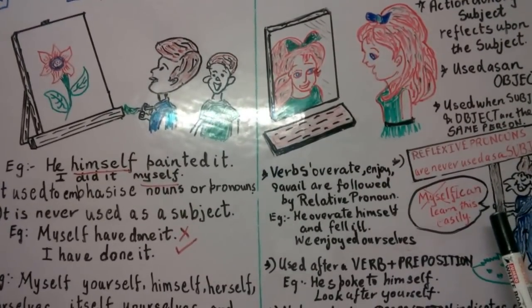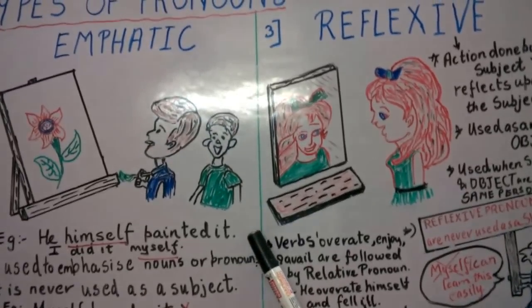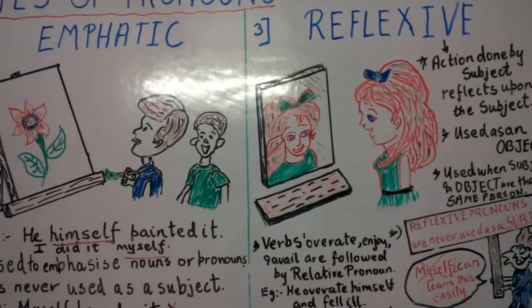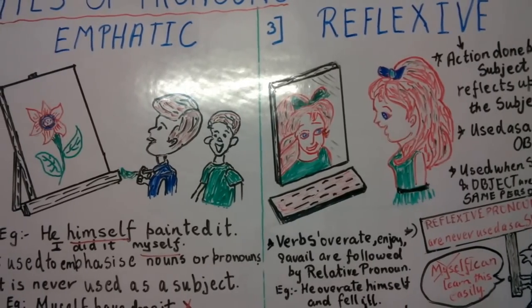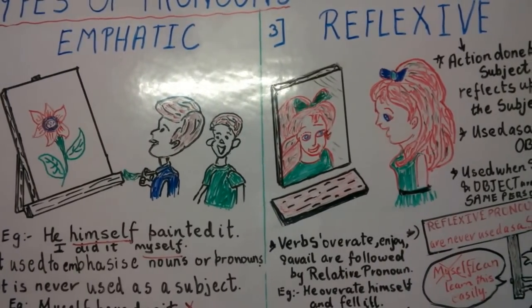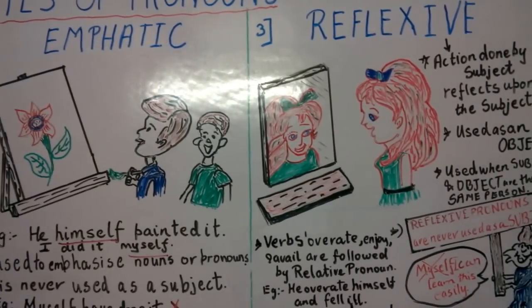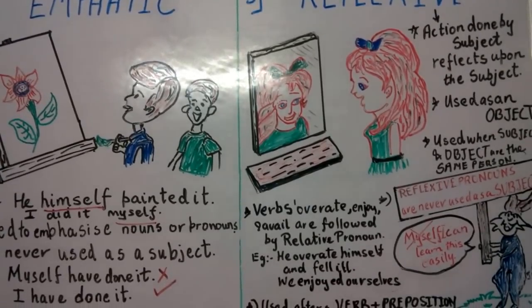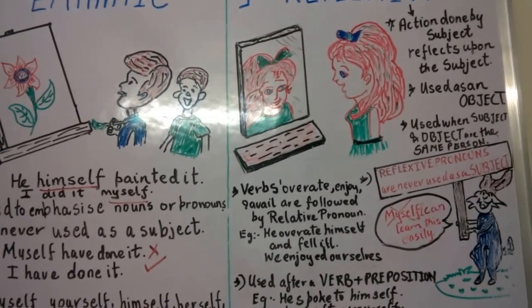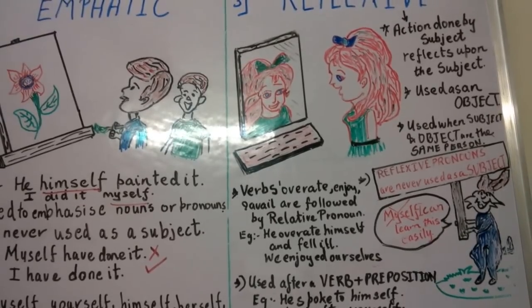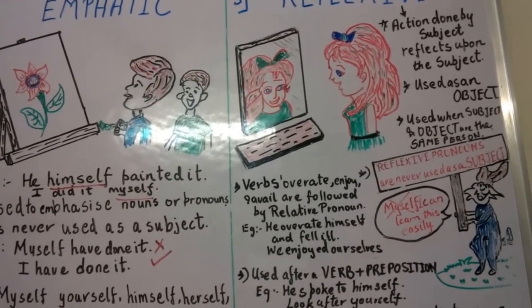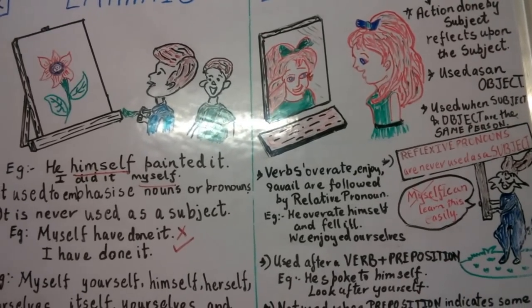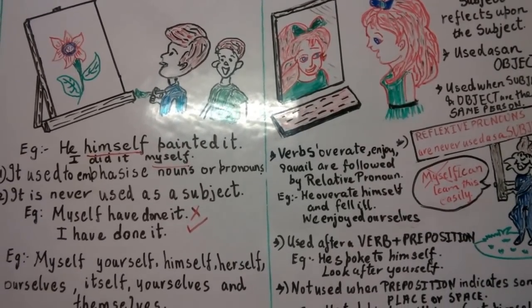Now here I write he himself painted it. You will find the difference in the placement in emphatic and reflexive. Now suppose I say I do something myself. It will become reflexive. He does it himself. She does it herself. Because there are many types of pronouns we have to cover, the first type, subject, is easy to know, but you have to remember it is in the beginning of the sentence.